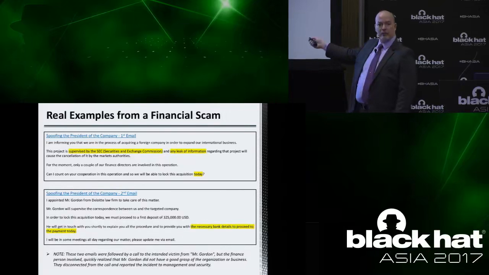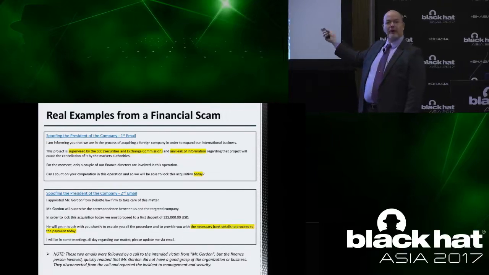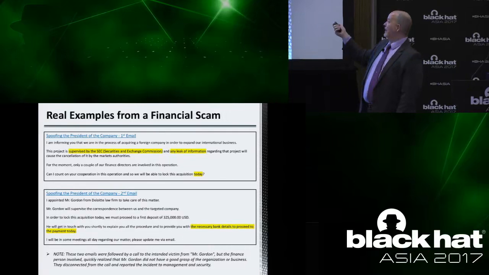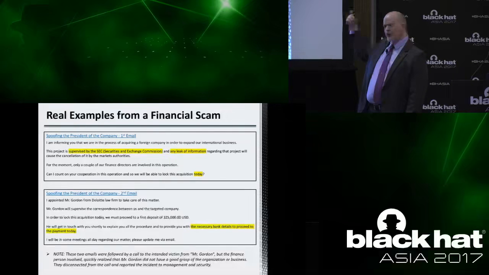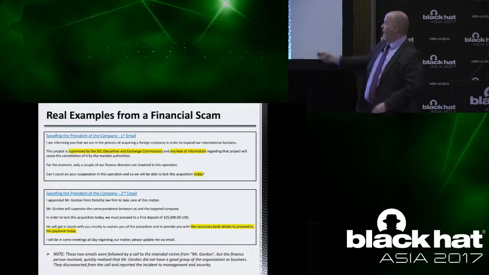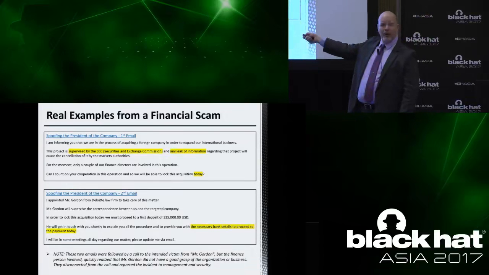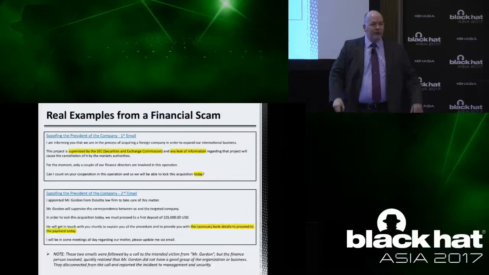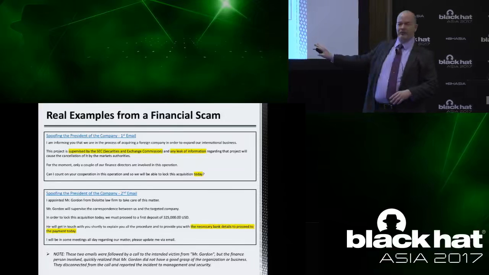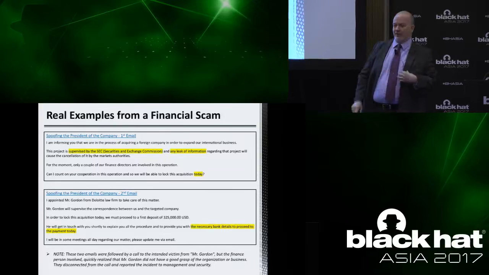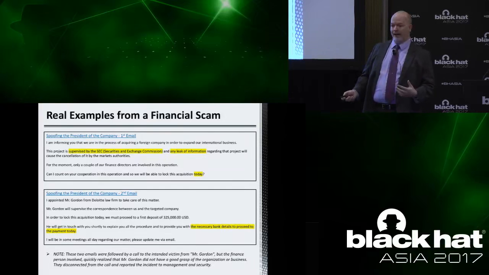These were spoofs of an internal email. They were using, in this case, I think it was a chief financial officer. They were spoofing them to start the communication process. But they're going to hand off to Mr. Gordon from Deloitte, right? So now you can start an entirely separate email chain, entirely separate conversation, and you don't have to keep trying to impersonate the domain and get caught at it, right?